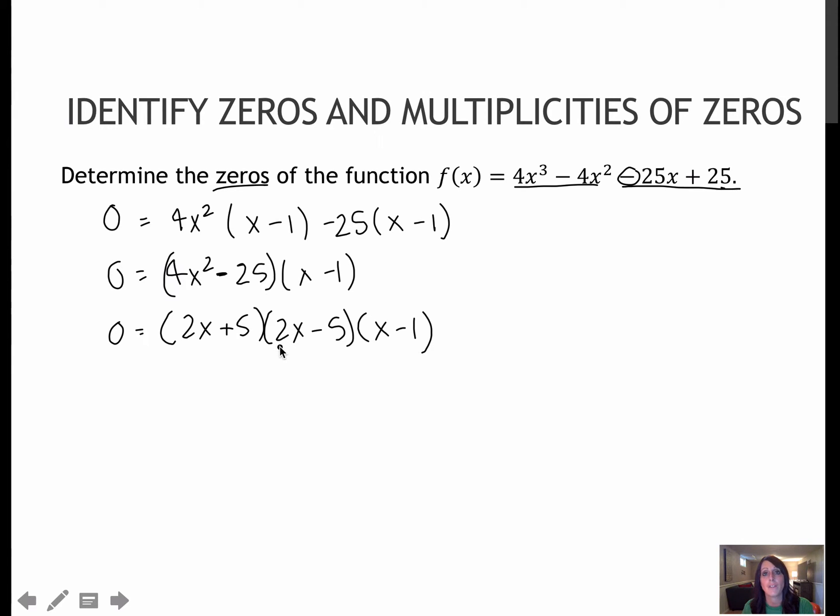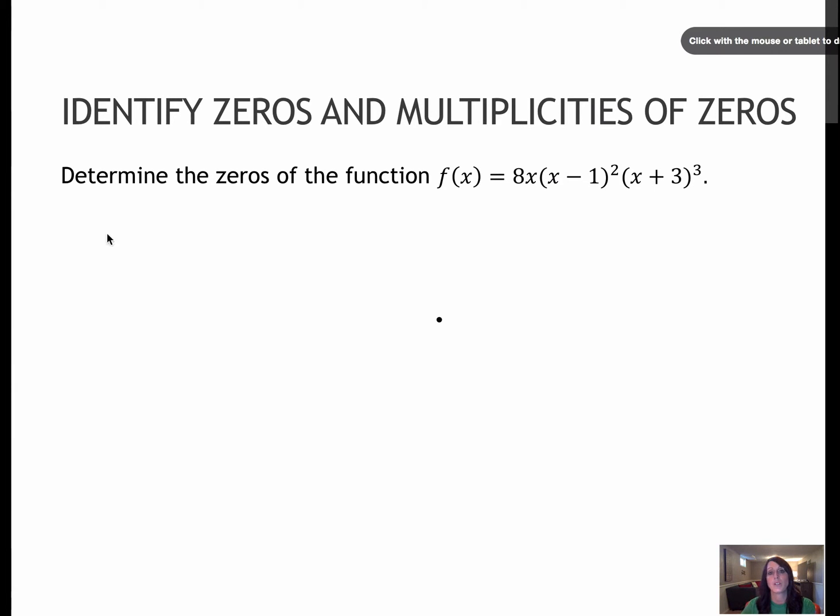So if you don't have that printed out, I would go ahead and do that. To find the zeros then, I'm going to set each of these equal to 0. So that would give me negative 5 halves, positive 5 halves, and positive 1. You can do that work in your head by setting those 3 binomials equal to 0.